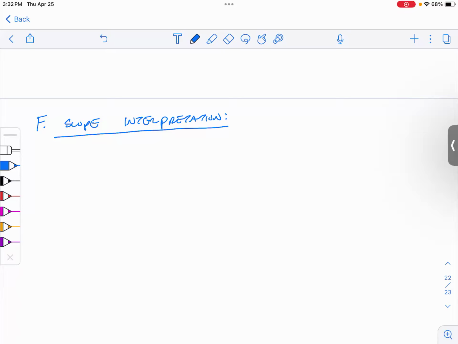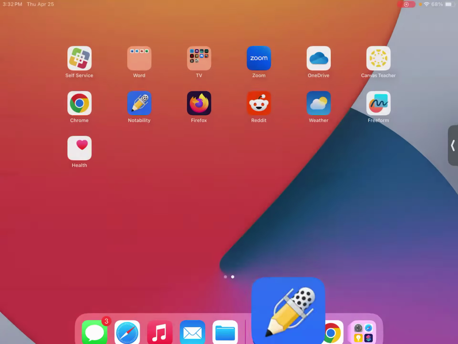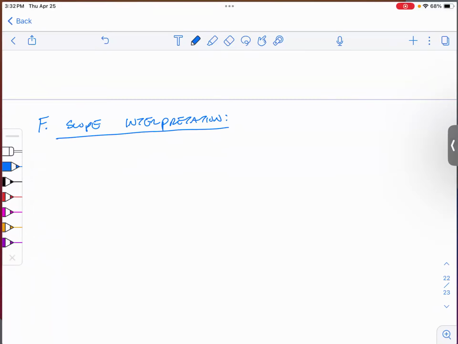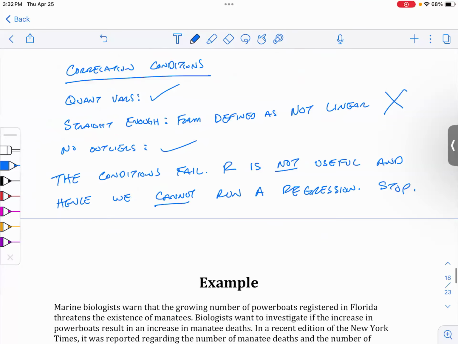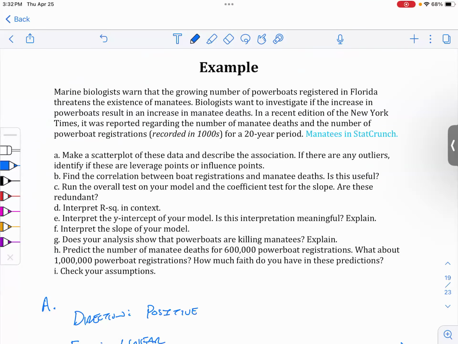Now here's the tricky part of this one. As I increase by 1 powerboat registered, it is recorded in thousands. So 1 doesn't represent 1 powerboat registration. 1 represents 1,000.